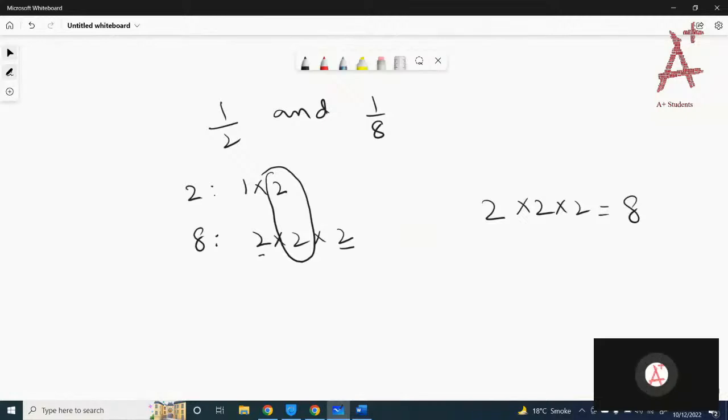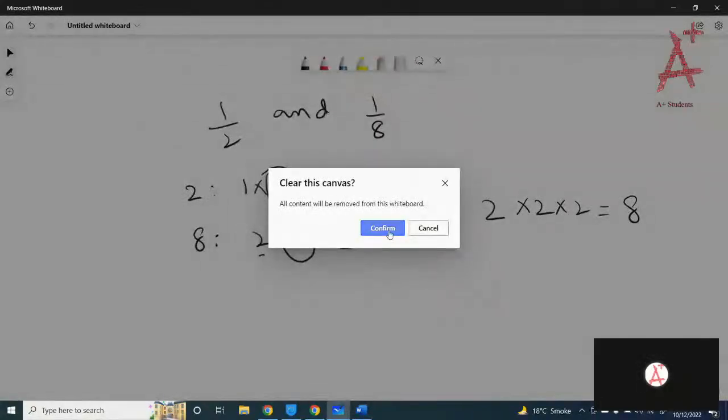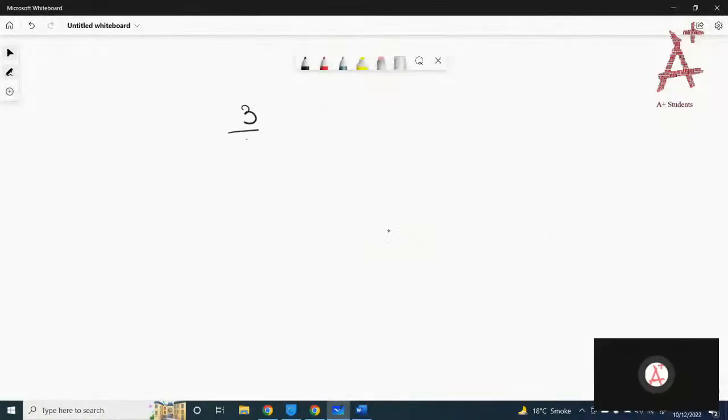Okay, the next one is, what is the least common denominator of 3 by 10 and 3 by 5? Do you know the answer? Please write the answer in the chat box if you know it. Write the prime factors of 5 and 10.